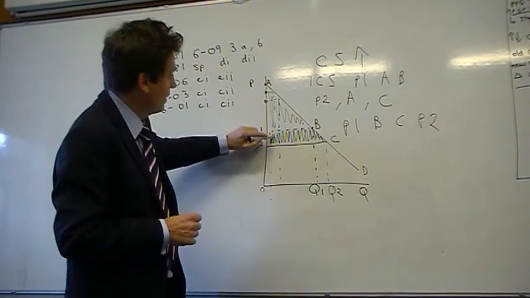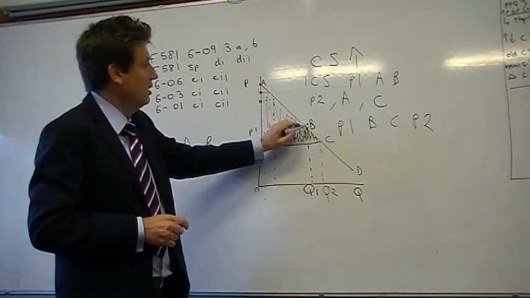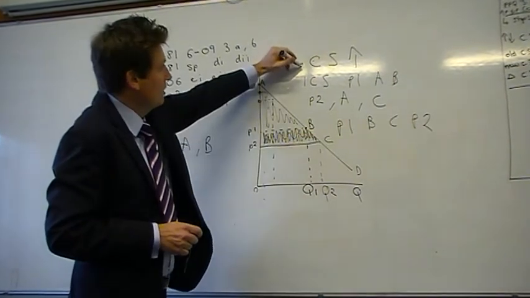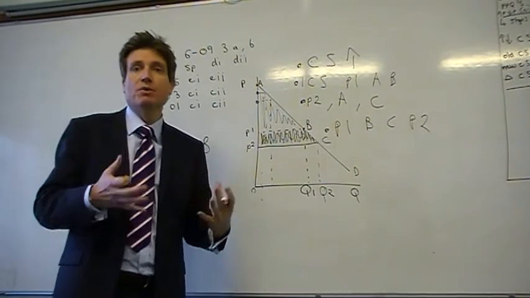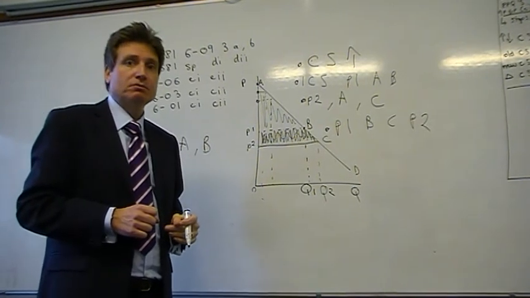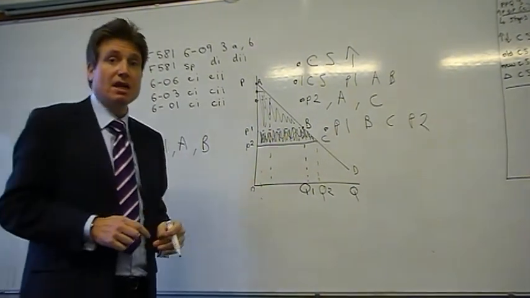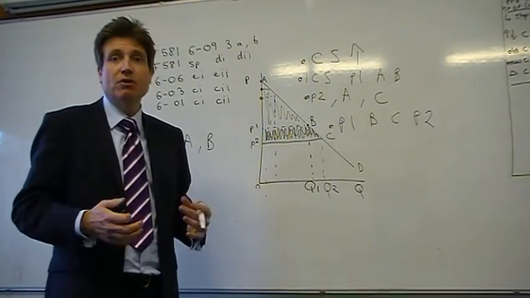And we can see this by the shaded area here, which is P2, P1, B, C. So we've actually got 4 distinct points, and that will help you in OCR get all the marks on this type of question. Now alternatively, you may get a question which says what happens if price increases in a market.